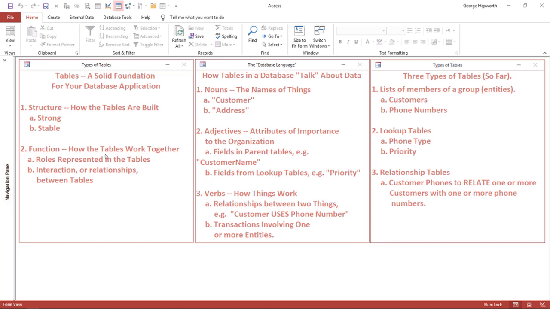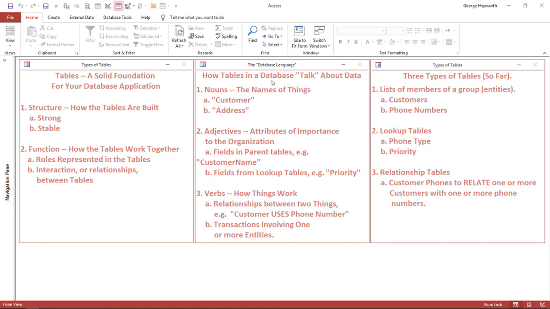We talked a little bit about the fact that tables work together. They fulfill roles, and we talked about the three types of tables. It's a different way to look at that same role or relationship between tables.